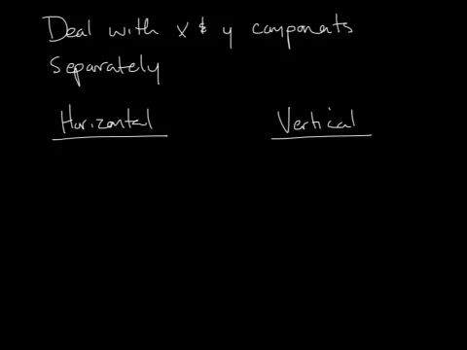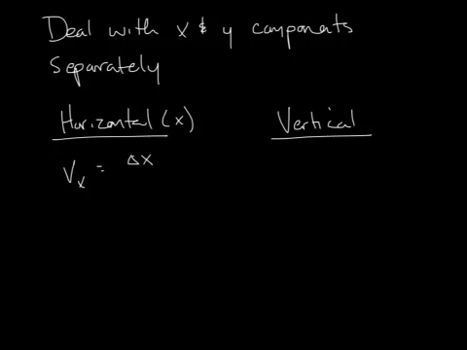The other important key for any projectile motion problem is that we can deal with x and y components separately. So in other words, we can analyze our horizontal motion and we can analyze our vertical motion. Now for the horizontal motion, the x component of our velocities, displacements, accelerations, remember we said velocity is constant and acceleration is zero. So the only real equation we need is the average velocity equation.